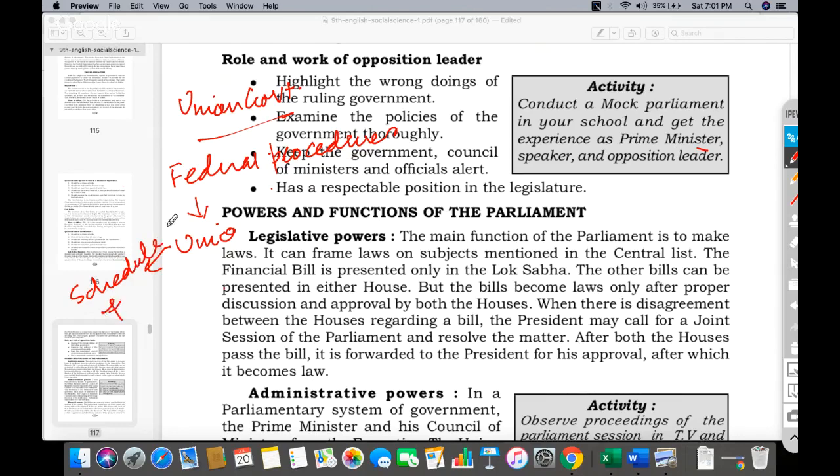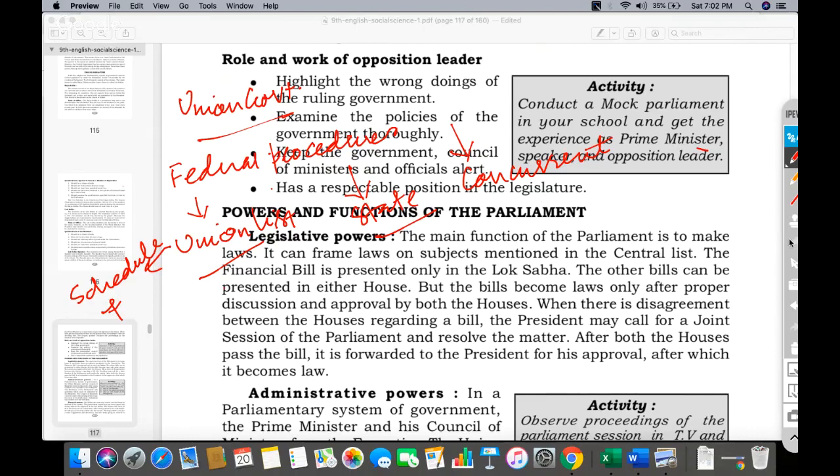Schedule 7 of Indian constitution. So we have union list, we have state list, and we have concurrent list. Concurrent list means it is under purview of both union government. Union government means central government and state government.